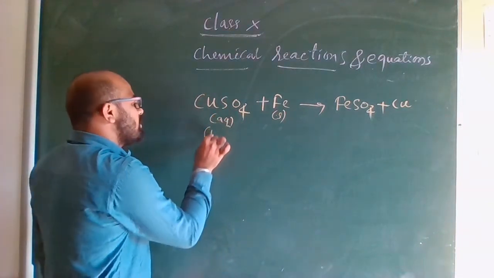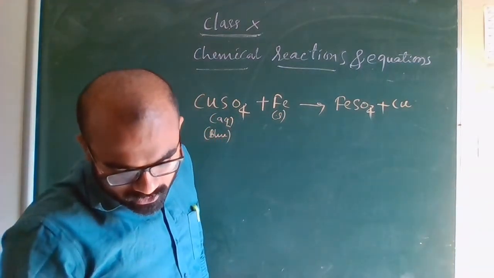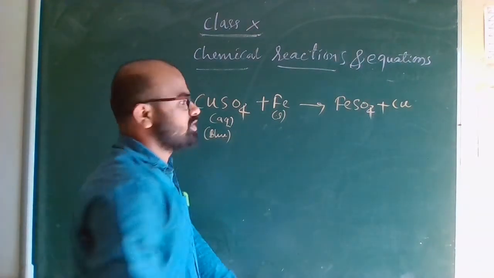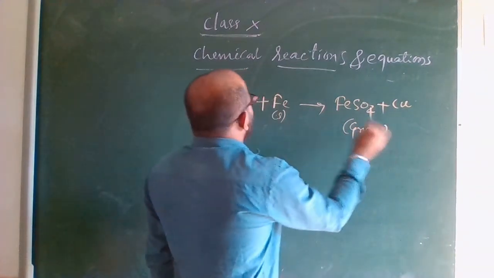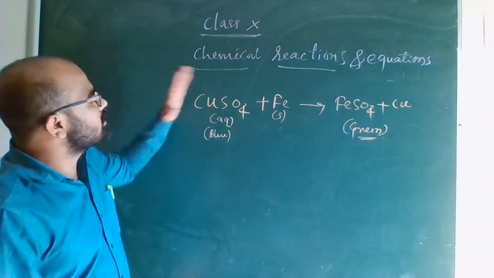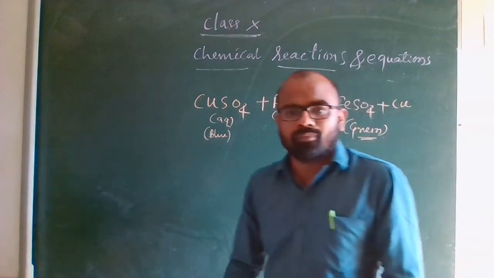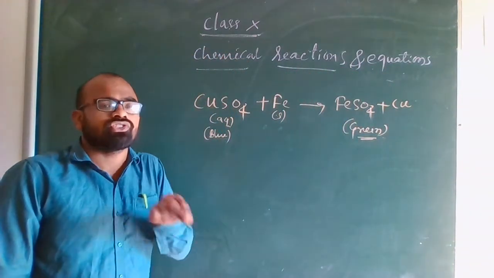So this is blue in color. But what have they asked us? Why does the color of copper sulfate solution change? This is green in color. So the iron displaces the copper from its sulfate solution and forms iron sulfate, which is green in color.